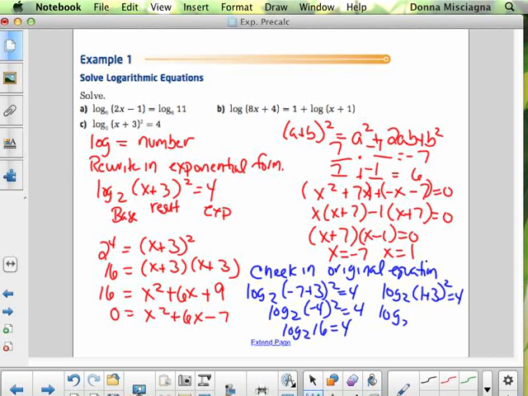Log base 2 of 4 squared equals 4. Log base 2 of 16 equals 4. Also a true statement, because it's the exact same one. 2 to the 4th power is 16. So here we have two good solutions. These are both good solutions.